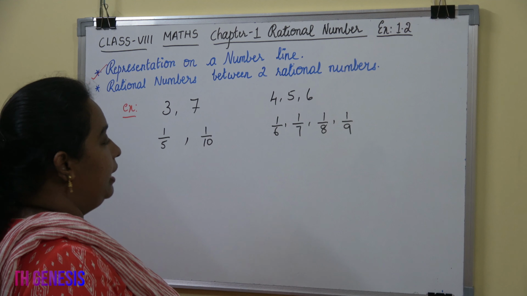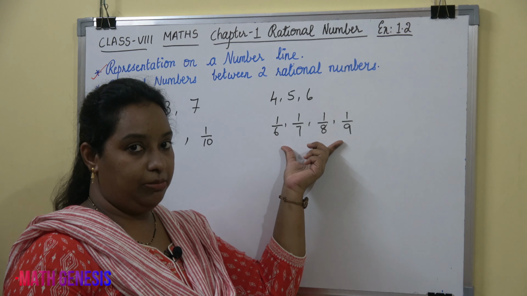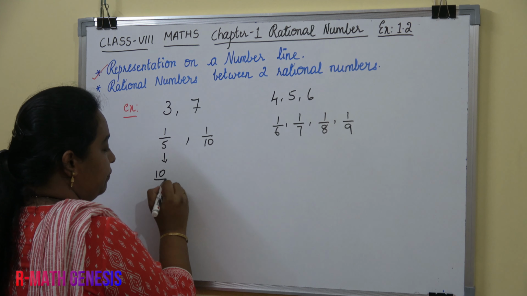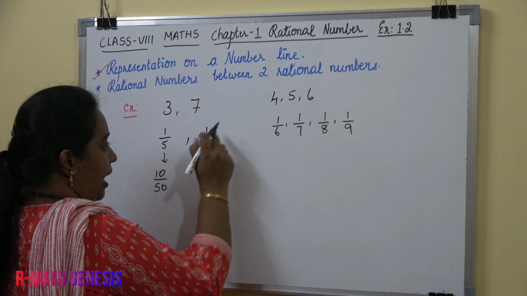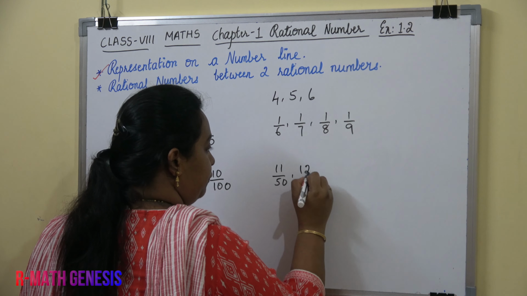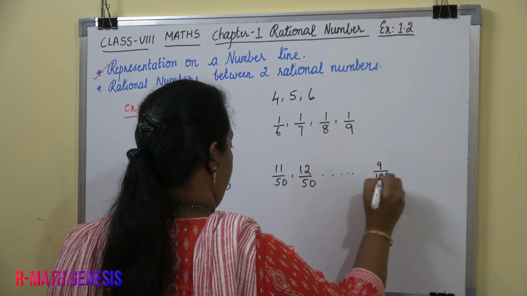Now, are only these numbers present between these two rational numbers? Suppose the same number 1 by 5 I can write as 10 by 50 and 1 by 10 as 10 by 100. So now how many rational numbers will be there between these two? We get 11 by 50, 12 by 50, up to 9 by 100.